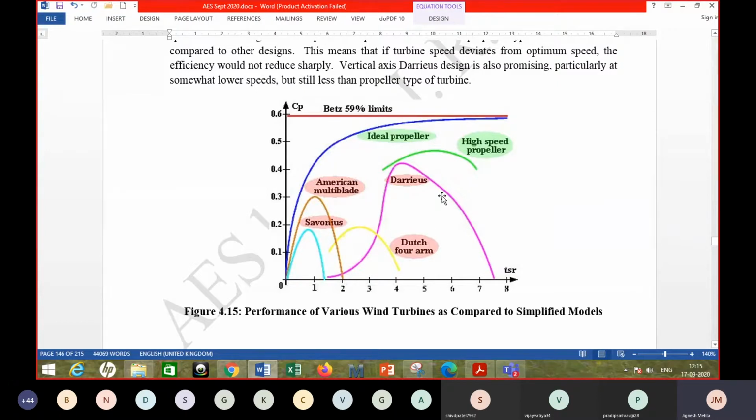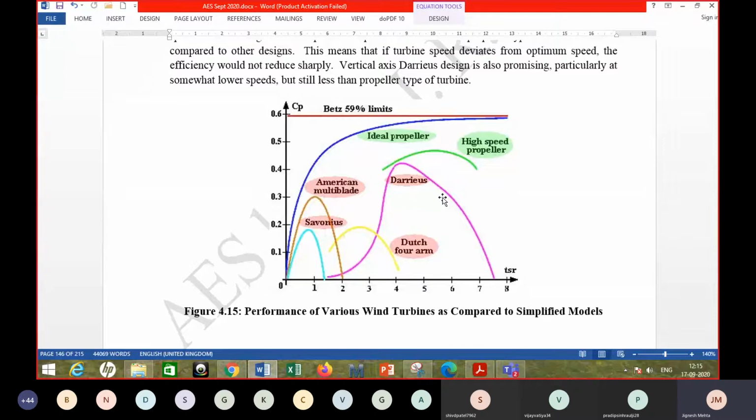Then various types of turbine, various designs of the turbine, have been tested in the lab. There the shape or the characteristic or performance curves of these turbines have been plotted.